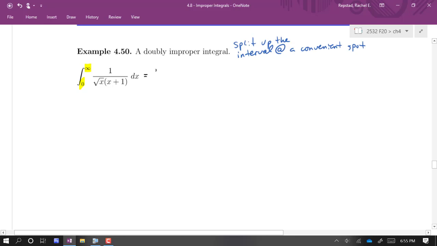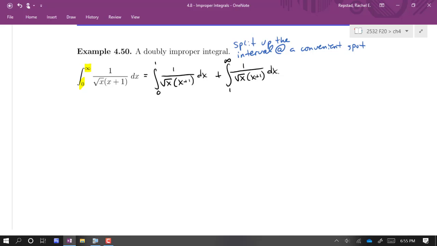the integral from 0 to 1 plus the integral from 1 to infinity. Now, each of these integrals is only improper for one reason, and that's good for us. So we're going to set up the limits that we need for each of these. The first one is improper at 0.